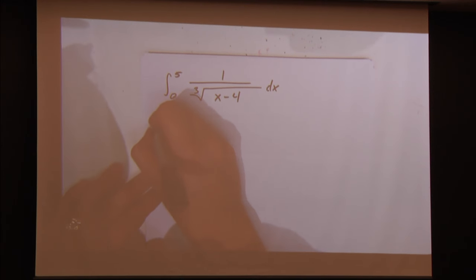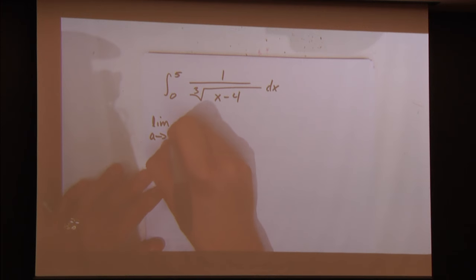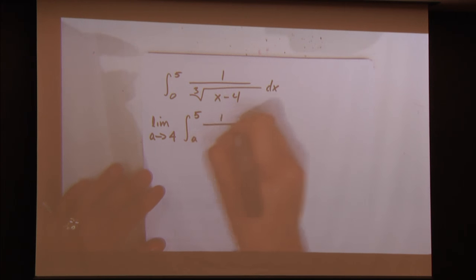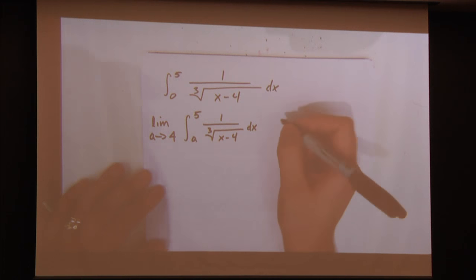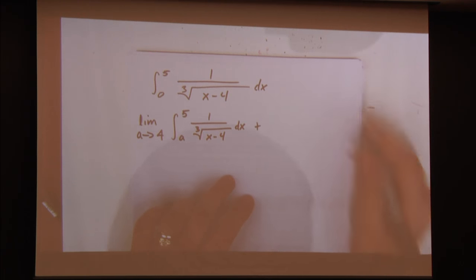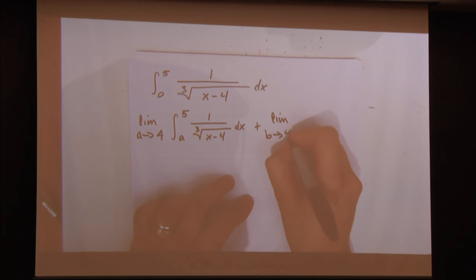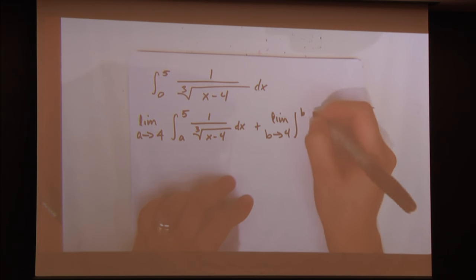We have the limit as a approaches 4 for x to a, plus the limit as b approaches 4 from b to 0.